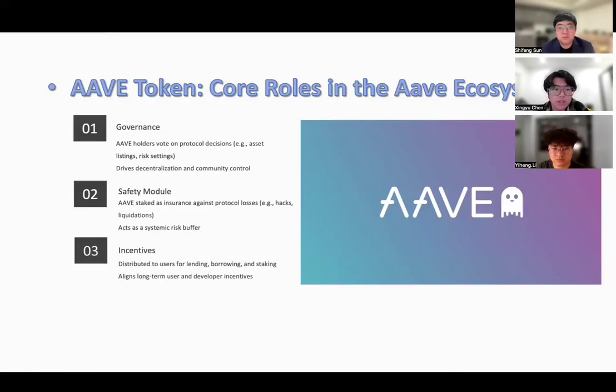In extreme situations like smart contract hacks or liquidation failures, the module can cover losses using these staked AAVE tokens. And the third one is an incentive tool. AAVE is also used to reward borrowing, lending, and staking activities, aligning incentives between users, developers, and the community. And the next slide.